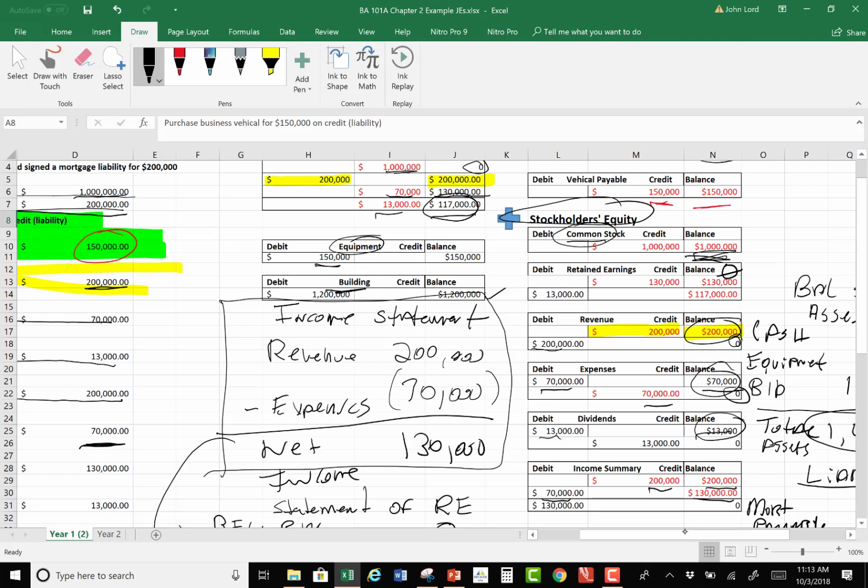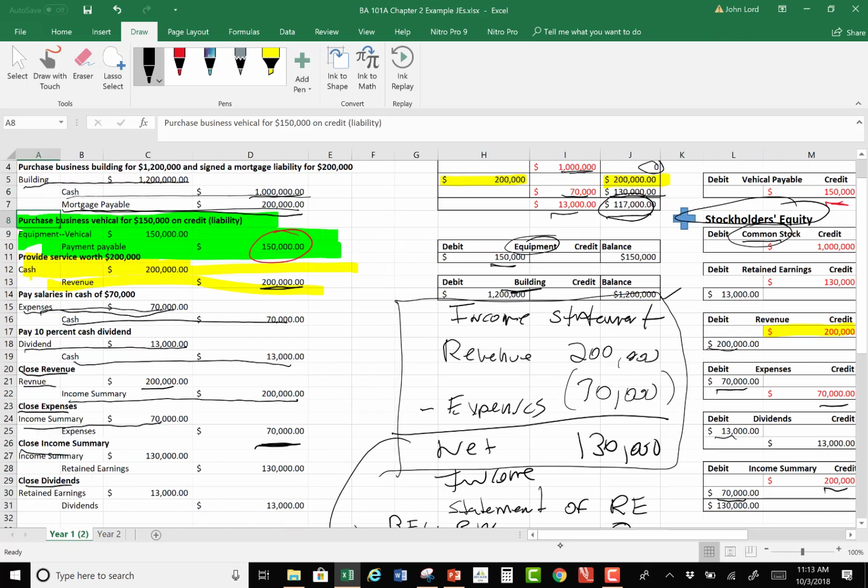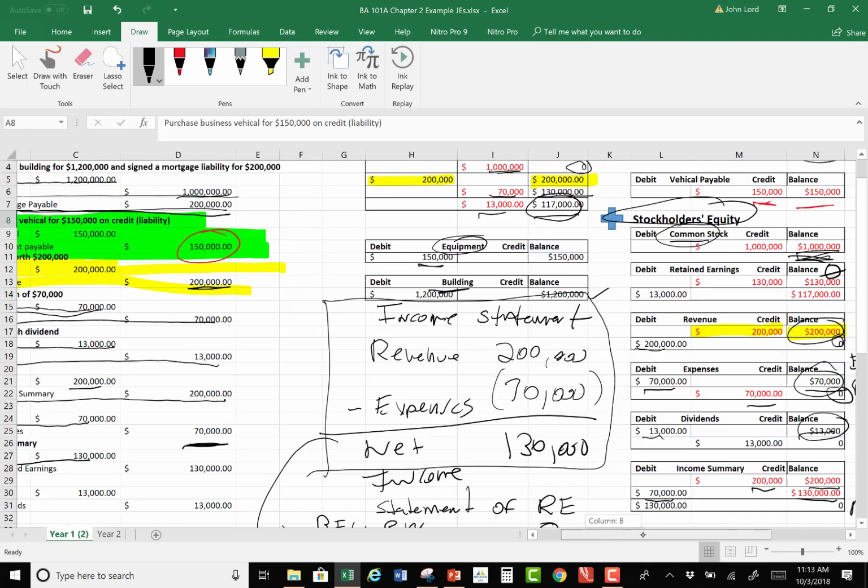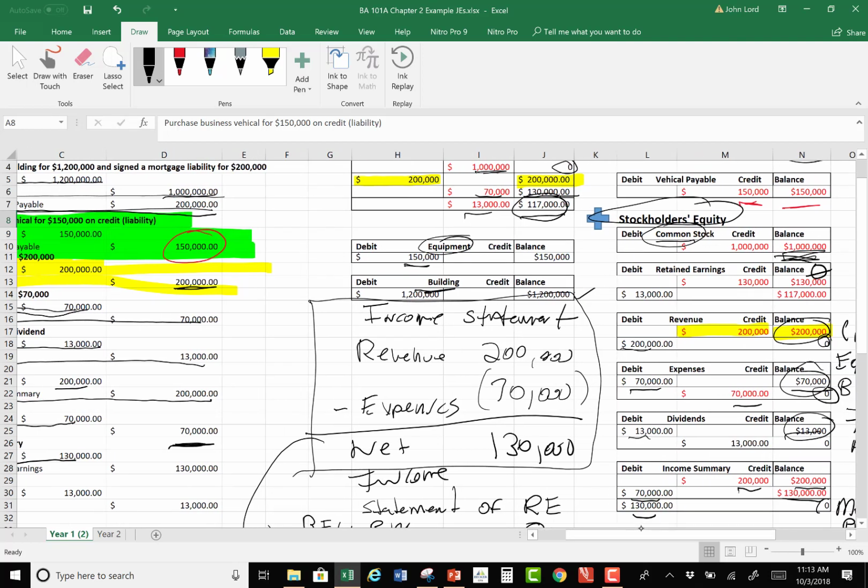But I also want to close income summary because I want to keep track of my income by year, don't I? So I want that to go back to 0 so I can start to keep track of my net income for next year, right? So I go ahead and I debit income summary now for 130. When I debit income summary for 130, it goes to 0. That's where I want it.